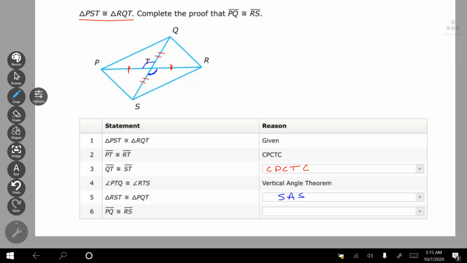I have a tick, an angle, a double tick, an angle, and a double tick, side, angle, side. And when I want to show that PQ is congruent to this bottom side RS, well, that's coming from this upper triangle here, this lower triangle here, CPCTC. Corresponding parts of congruent triangles are congruent.